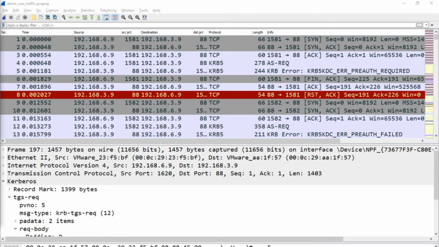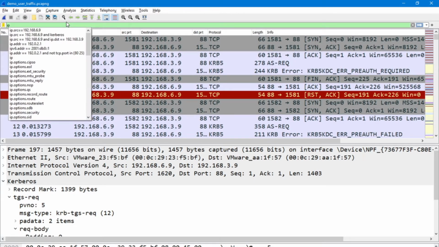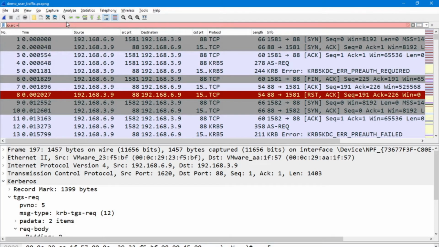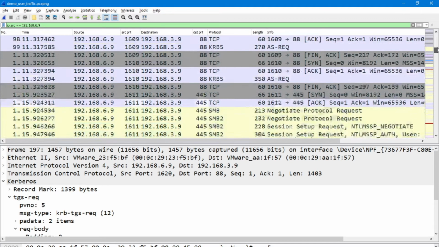So how we would do that is with a really quick filter. Okay, so we're going to take a look. IP source equals the 6.9 machine. So I'm going to hit enter on that, and let's go to the top.